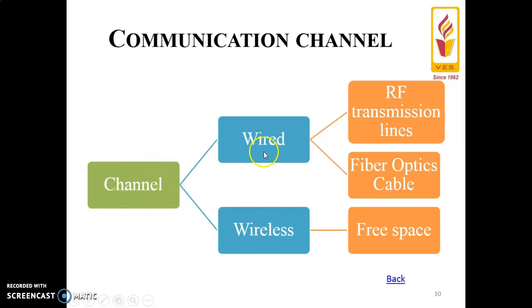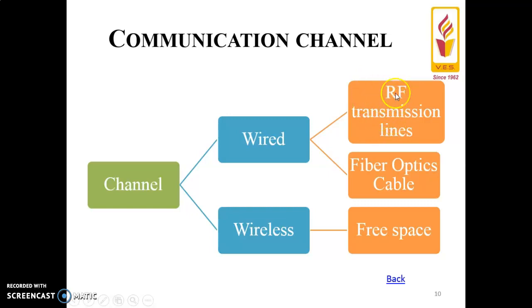So this channel can be a wired or wireless communication channel. Wired means there is a physical connection between the transmitter and receiver. There are two types we basically use for long distance communication, that is RF transmission line and fiber optics cable. So RF transmission line you have already learned, where we use twisted pair for telephone lines, coaxial cables for CATV.